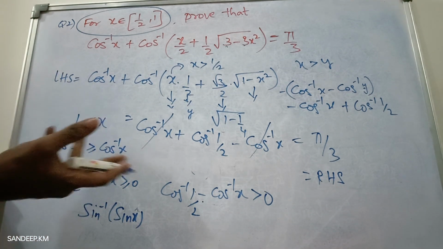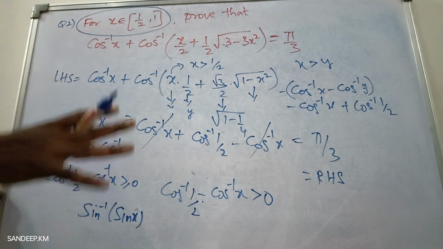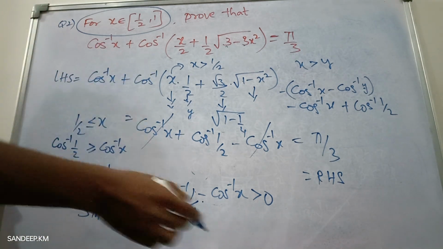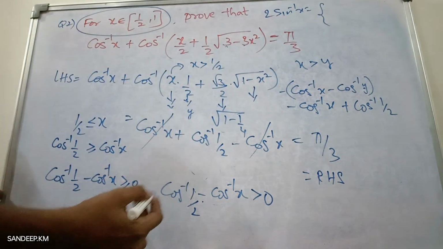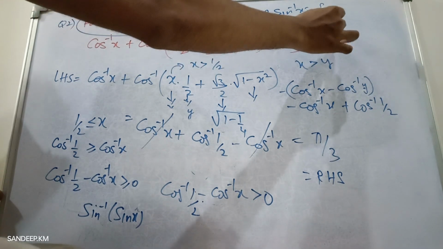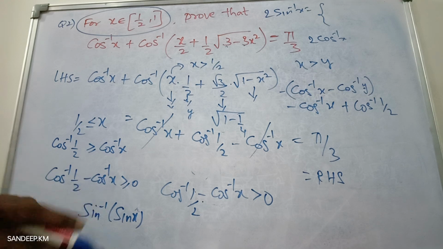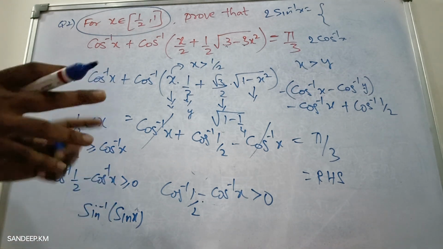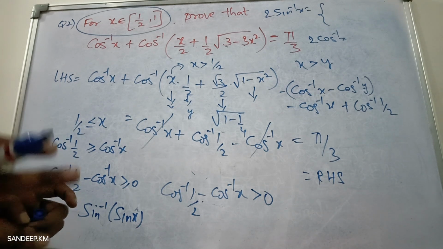And why they are important: in inverse trigonometry, if you feel difficulty in any particular topic, it will be to learn by heart the formulae for 2 sin inverse x. There are 3 different formulae for 2 sin inverse x. There are 2 different formulae for 2 cos inverse x, and for 2 tan inverse x, etc. Different formulae are there. It's really difficult to learn each and every formula and each and every condition by heart.